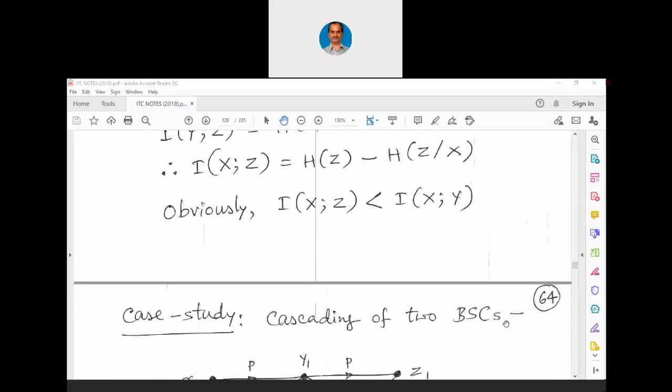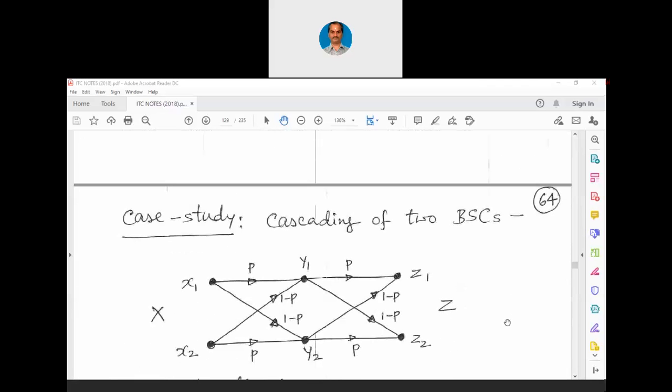Let us have a case study now for the cascaded channels. We will be considering the binary symmetric channel only. Let us have a cascading of two binary symmetric channels. So you can see here x1, y1, there is this small p, x2, y2, there is this small p, and we have y1|x2 is 1 minus p, y2|x1 is 1 minus p.